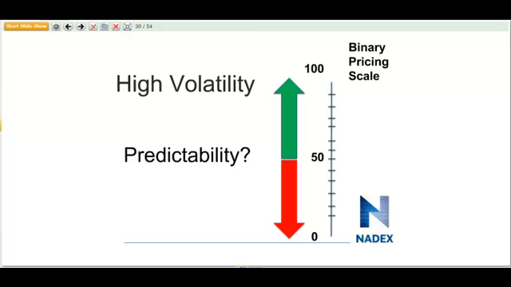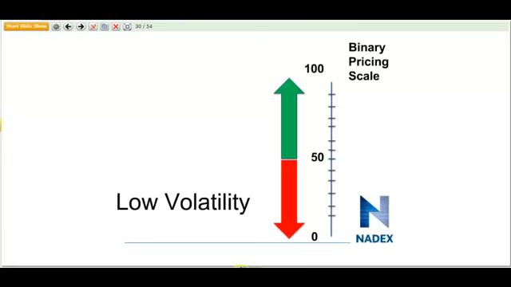No, it's not. It's difficult. You don't know. So what that means is it's going to end up trading in this area, in the middle. Not every strike is, but it's going to be skewed towards the middle because it's not predictable. It's harder to predict because of high volatility.